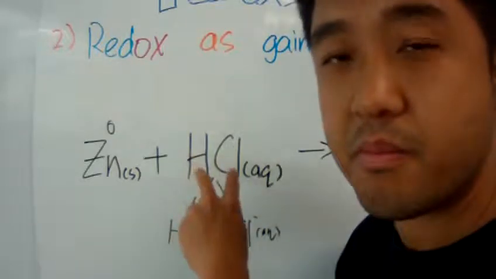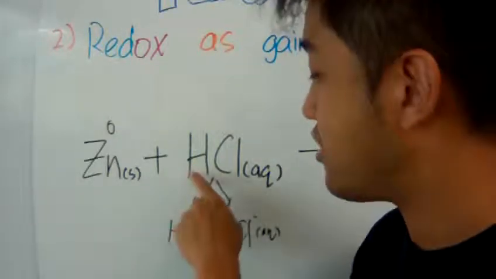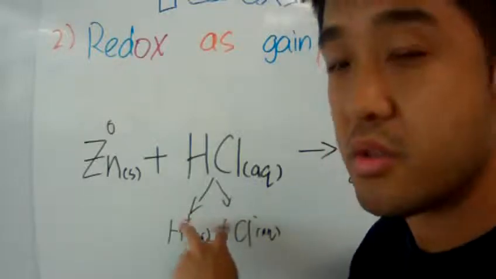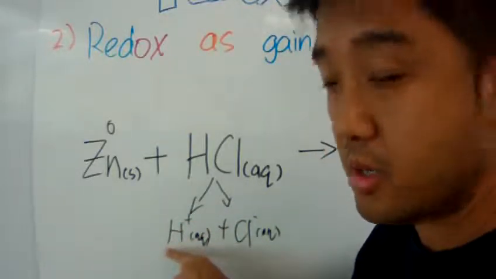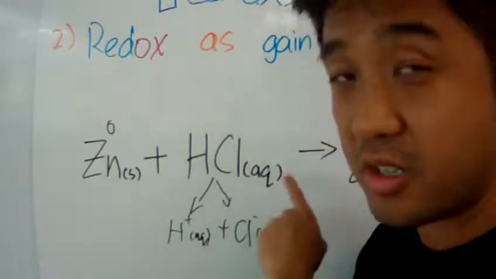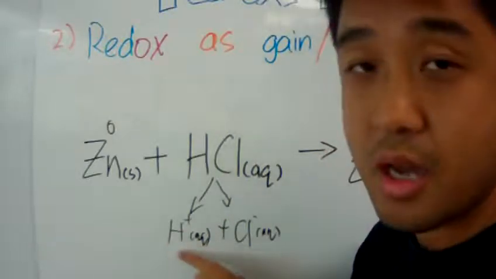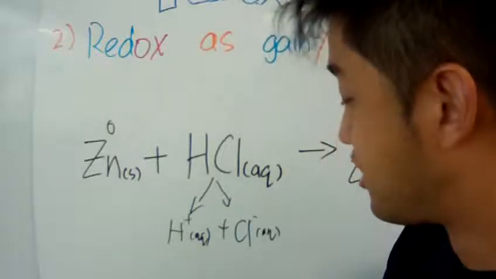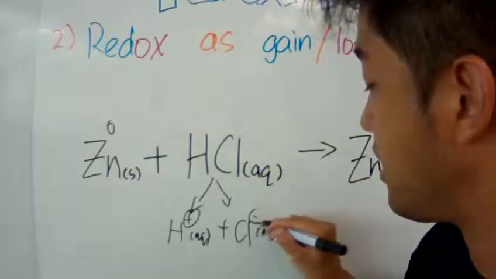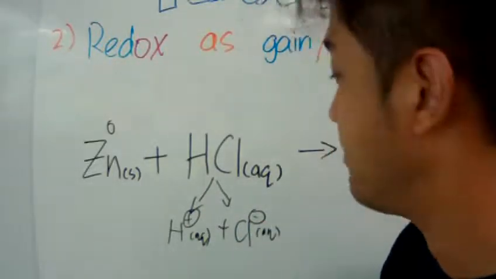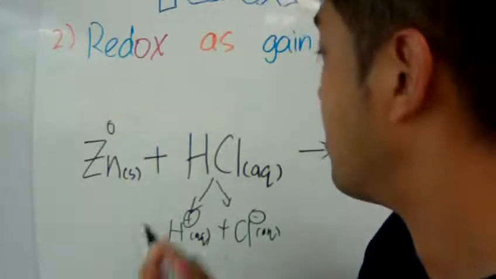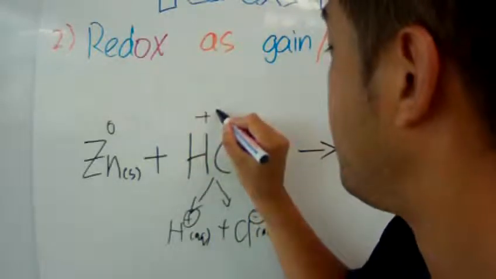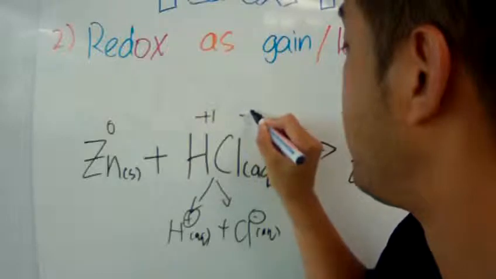Hydrogen chloride, when you put it into a solution or into water, becomes hydrochloric acid, which dissociates into hydrogen and chlorine. Hydrogen has a charge of +1. Chlorine has a charge of -1. All right? Cool. So we write down +1 here, and we write down -1 here.